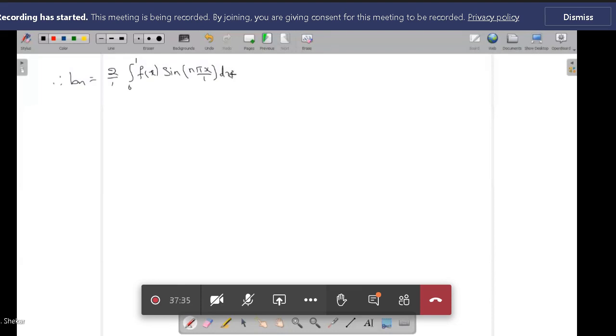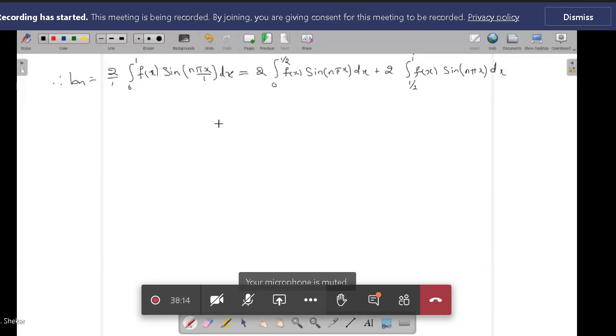So now the function f of x is defined piecewise, so this will be 2 into integration from 0 to 1 by 2 f of x into sine n pi x dx plus 2 into integration 1 by 2 to 1 f of x into sine n pi x into dx.